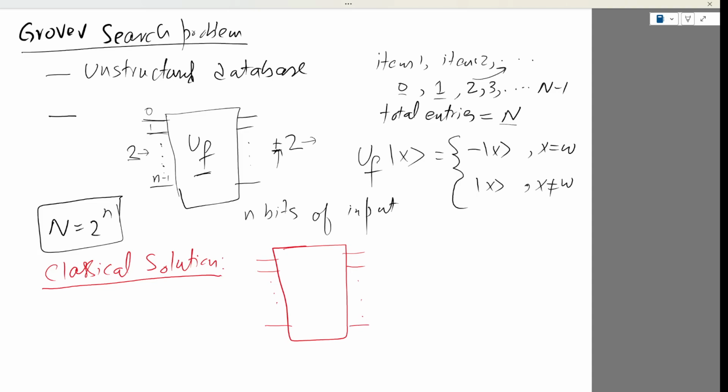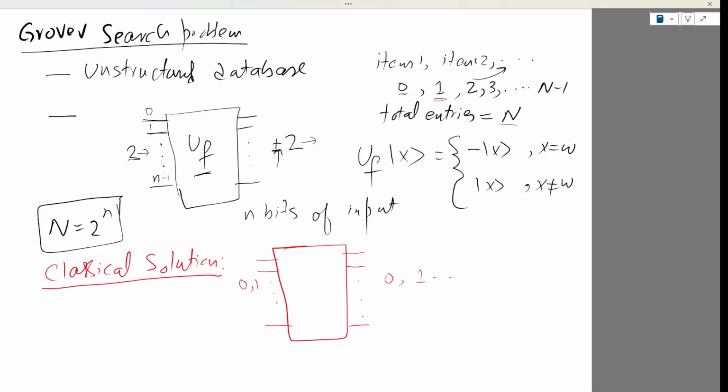So suppose we select 0 and give this 0 as input and find the output. Then we give 1 as input and check its sign and so on. So in the worst case, we might have to give all the indexes as input to see which one is the item that we are looking for.